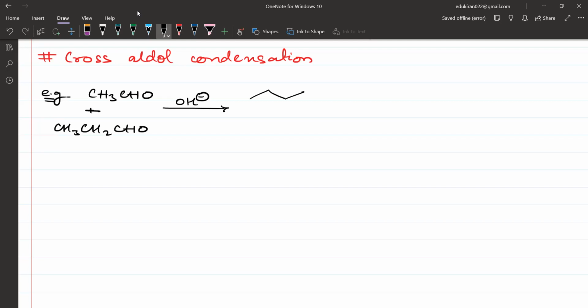First of all, the beta hydroxy aldehyde. So here we will have CHO here, and then OH here. And then further on H plus and heat, I'm going to get 1 2 3 4 CHO and a double bond here. Similarly, not all the propanal molecules will be knowing that there are ethanal molecules. So some of the propanal molecules will undergo self-aldol condensation, and they will give you 1 2 3 4 5 CHO.